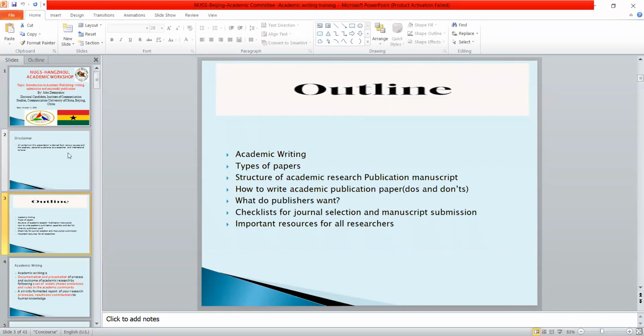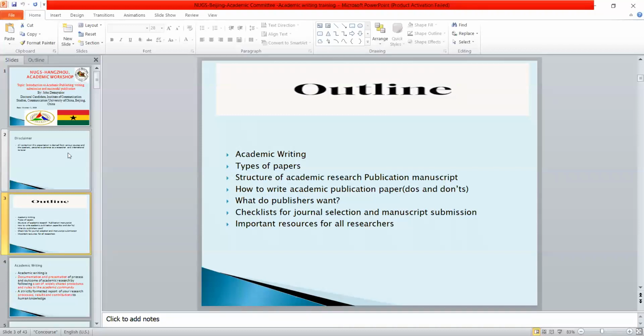I indicated earlier that every society you find yourself in has its own laws, and the laws must be governed strictly to make sure there is discipline and coherence. Then we want to look at what publishers want. If you want to venture into publication, there are certain things that publishers and journals will always look for. We'll look at them briefly. We'll look at a checklist for journal selection. One of the major issues in publication is how to select the right journal for your manuscript.